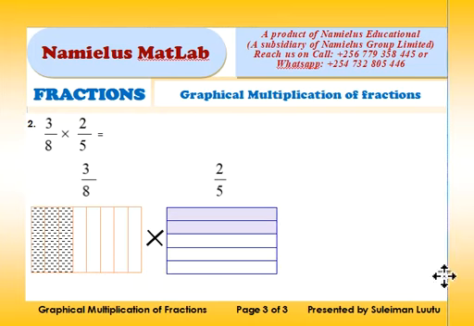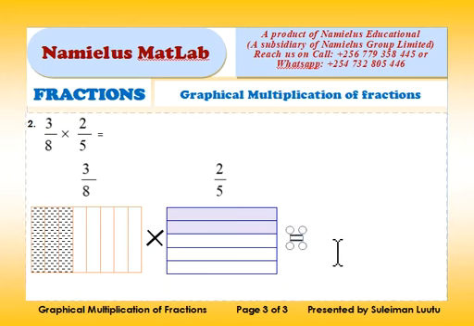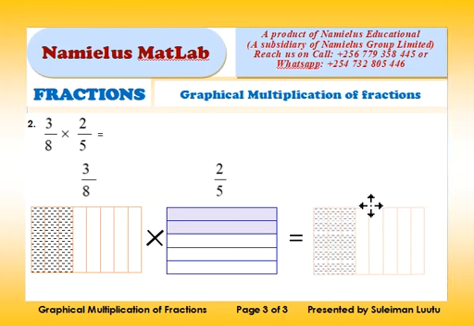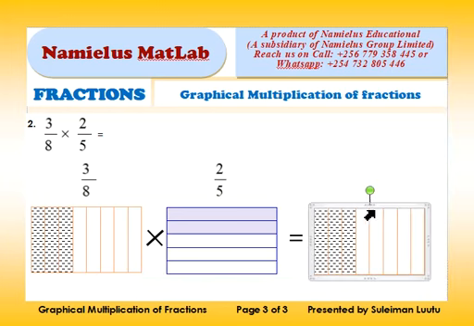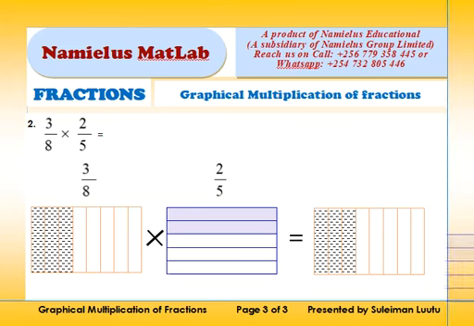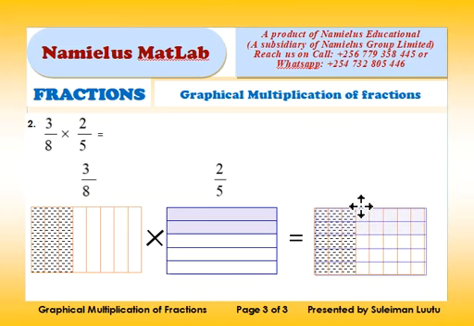Now what we are going to do, we are going to say, okay, let's first bring the 3 out of 8, which is here. And then we bring the 2 out of 5 and then fit it exactly over the other one. That's the very reason why we said the rectangles have to be the same size. It has to fit exactly over the other.